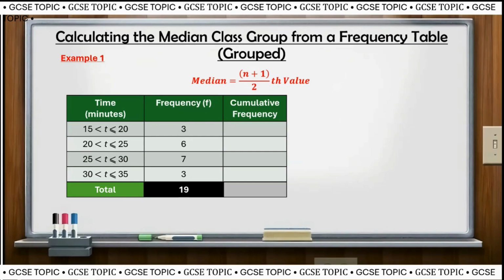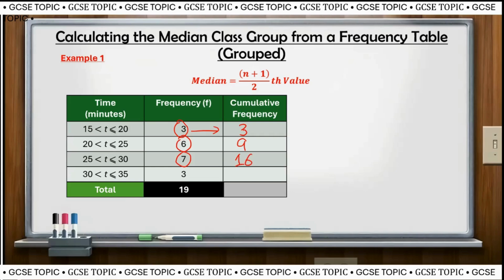So let's do this. We are going to use the first piece of data, which is 3, to start off our cumulative frequency. I am then going to add the next frequency to this number. So 3 plus 6 will give me the next cumulative frequency, which is 9. To find the next cumulative frequency, I am going to do 9 plus 7, which is equal to 16.